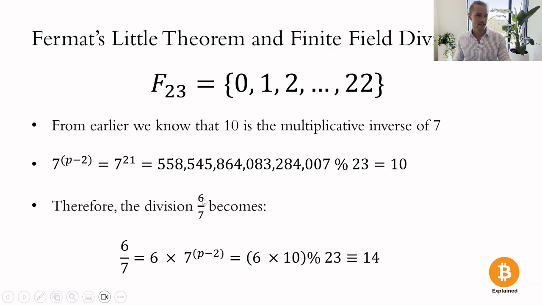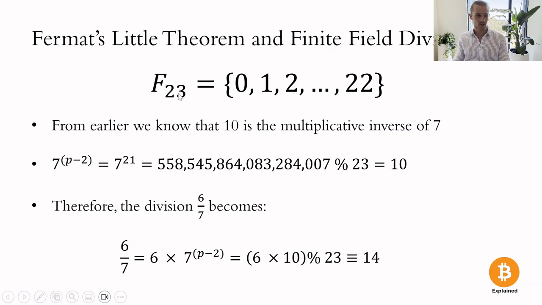So if we look at an actual example of the finite field of order 23 again, we have all the elements from 0 to 22 as we saw previously, and we, for example, know that 10 is the multiplicative inverse of 7. How would we prove this using Fermat's little theorem and the rearranging of the formulas that we just saw? 7, which is the element that we're trying to find the multiplicative inverse of in this case, raised to the power of p minus 2.